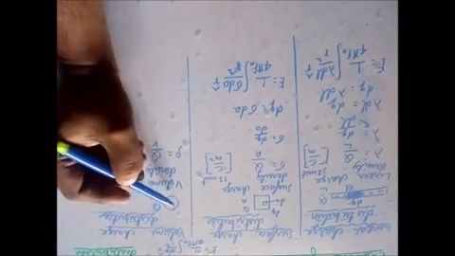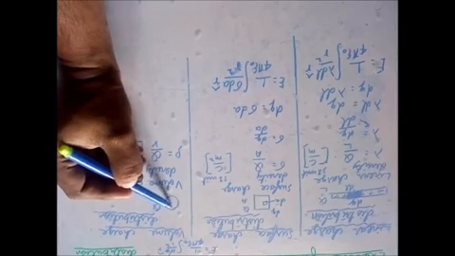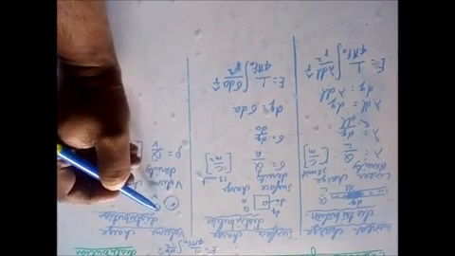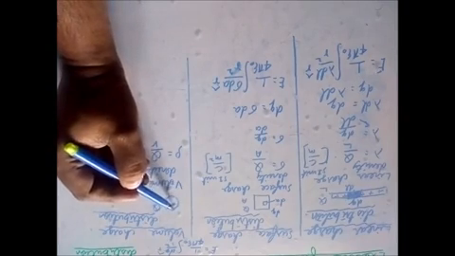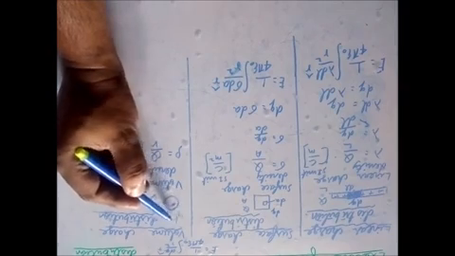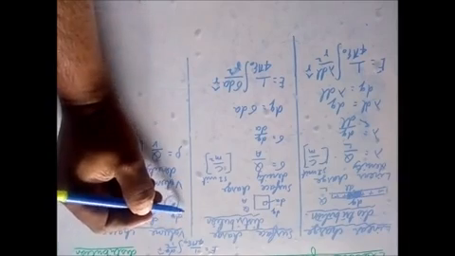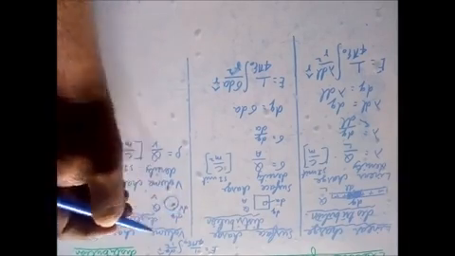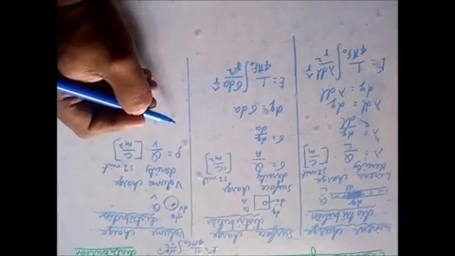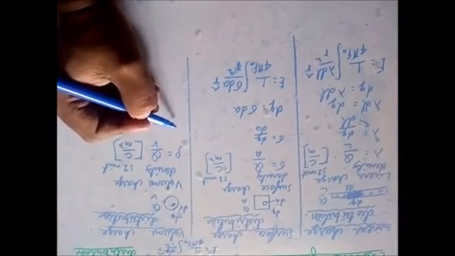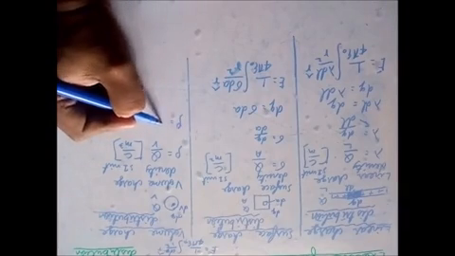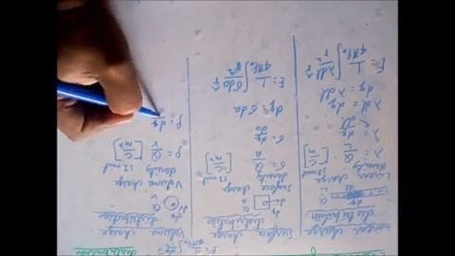Now let's take a small region here. You can take anywhere. So this will have a charge dq, and the volume will be dv. Now volume charge density we can write as rho is equal to dq by dv.